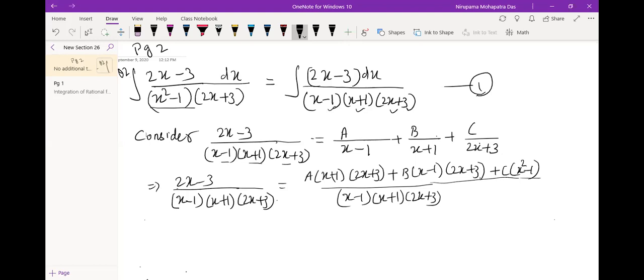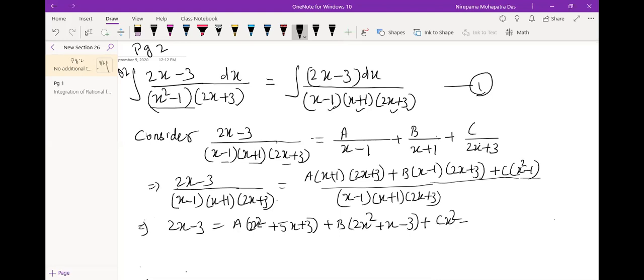So 2x minus 3 equals a into 2x square plus 5x plus 3, plus b into 2x square plus x minus 3, plus cx square minus c.